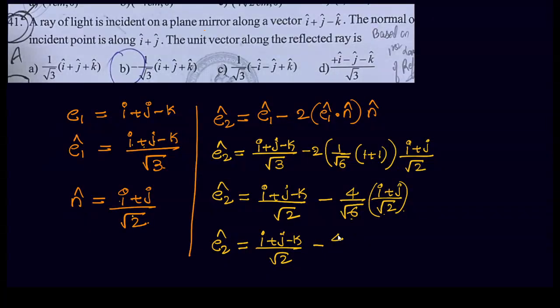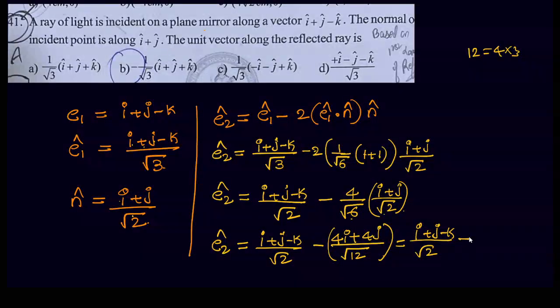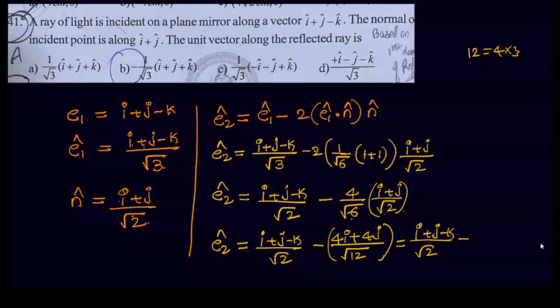So this value will come as i plus j minus k by root 3 minus 4i plus 4j by root 12. Root 12 means root of 4 into 3, so 2 will come outside, and it cancels.